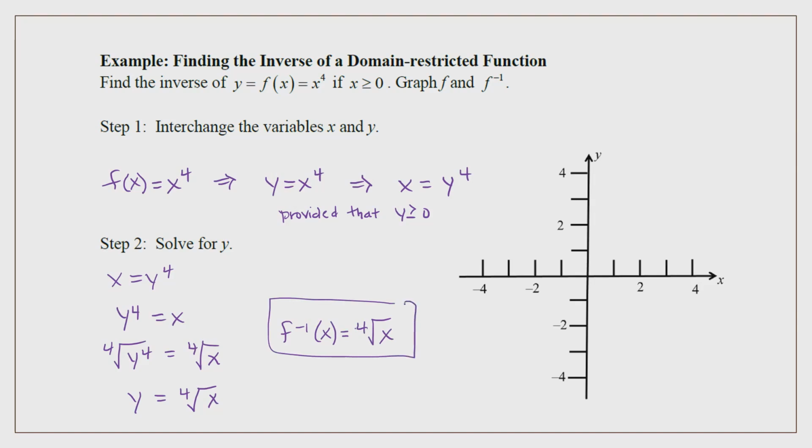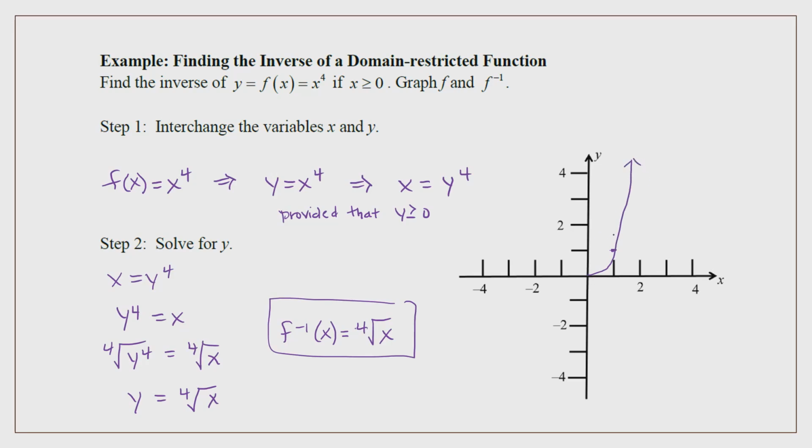Okay. So if I were to graph this, I know that my function f of x is x to the fourth, where x is greater than or equal to 0. So if it weren't, then it would be a parabola. But since x has to be equal to or greater than 0, my graph is going to look something like this.